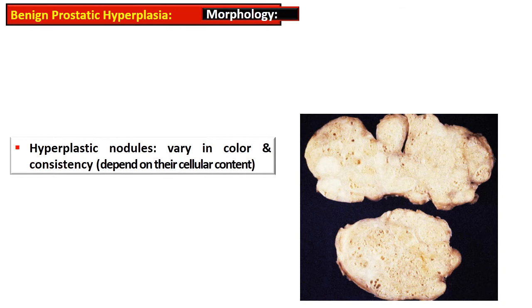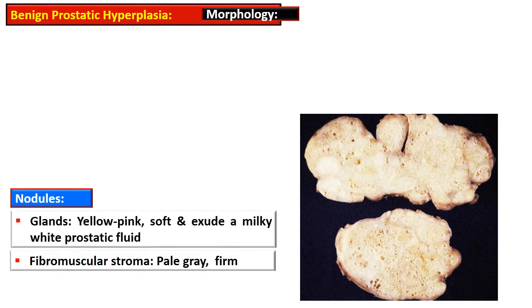They vary in color and consistency depending on the content of these hyperplastic nodules. When they are mostly composed of glands, they are yellow-pink in color and soft, and they exude a milky white prostatic fluid when pressurized, while they are pale grey and firm when they are composed of fibromuscular stroma.